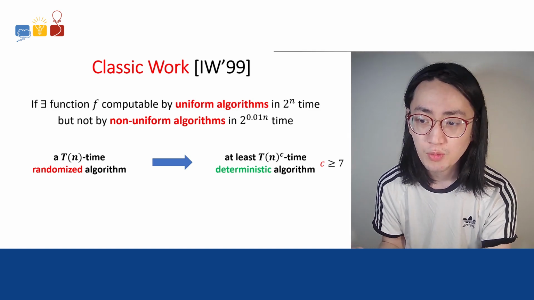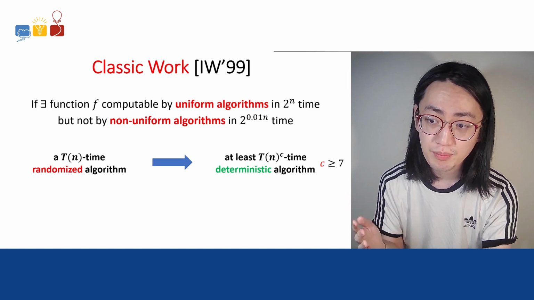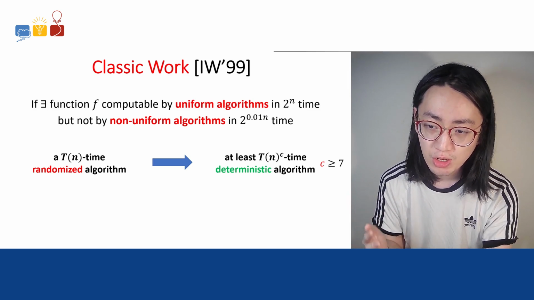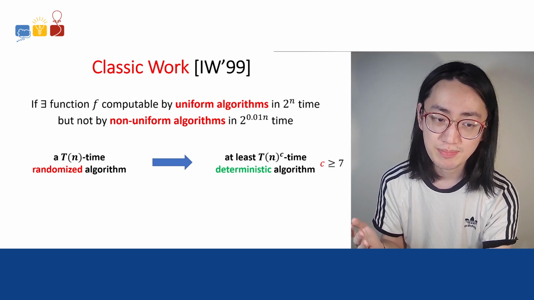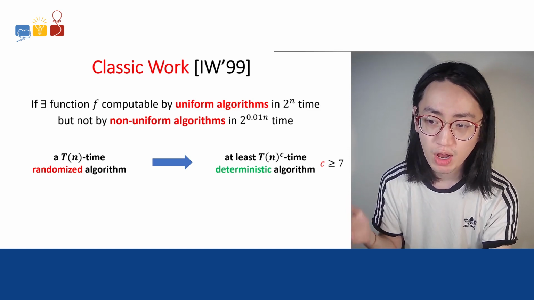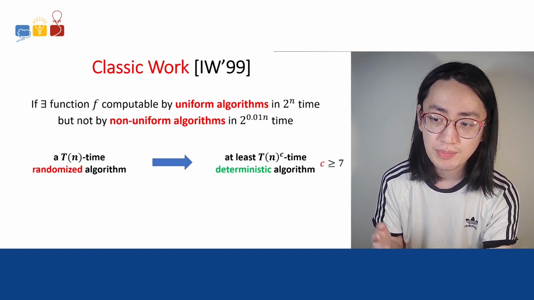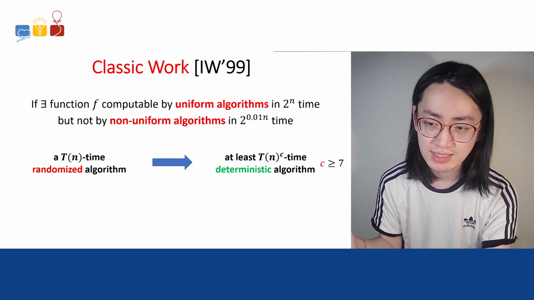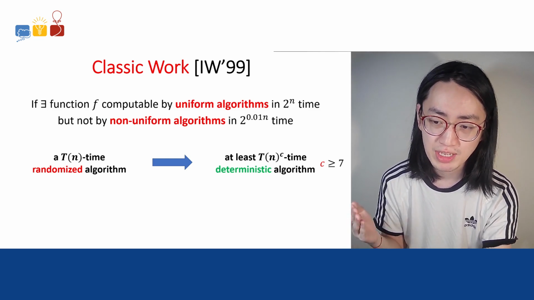In other words, we are saying that there exists a problem f such that we have a single program of fixed size which can solve this problem in 2^n time for all input lengths. But even if we are allowed to use longer programs on longer input lengths, we still cannot solve this faster than 2^(0.01n) time.